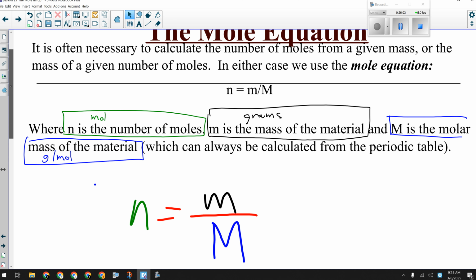That is always in grams per mole. So the mole equation is n, number of moles, equals mass divided by molar mass.